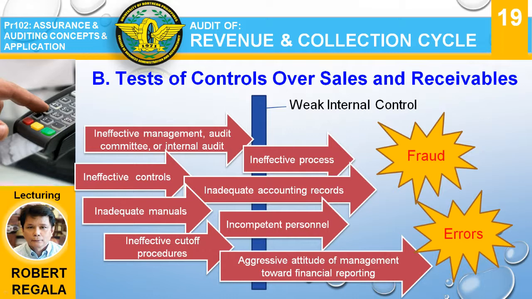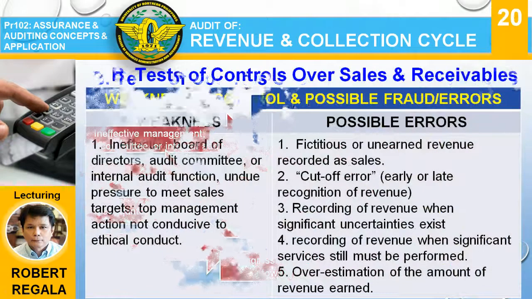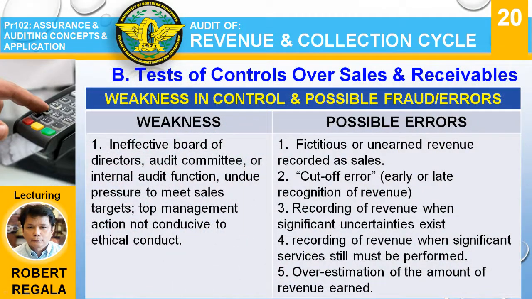The following slides list some errors and fraud that may result from weaknesses in the controls over sales and receivables transactions. Slide 20. The test of controls discussed in slides 8 to 18 may reveal the following weaknesses and possible errors.